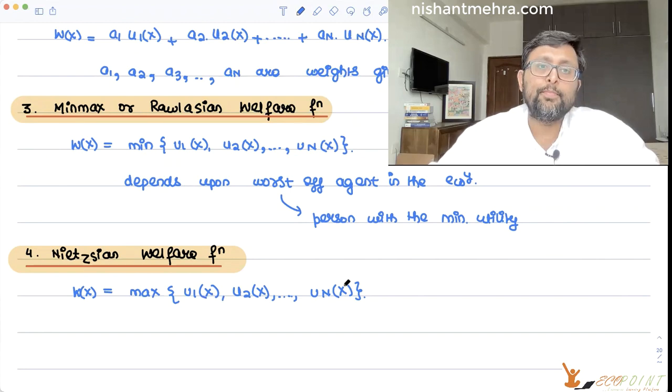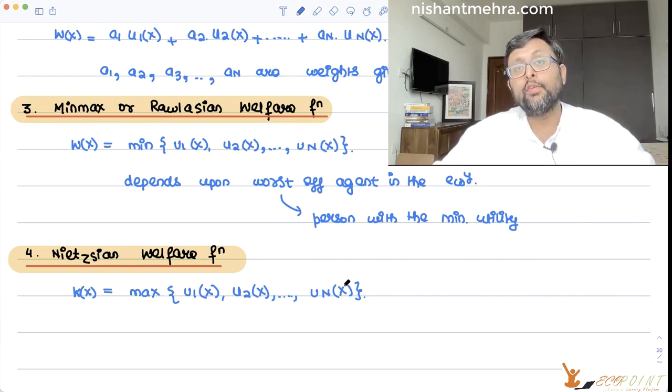Each of them represents different value judgments, different ethical judgments. So should you be giving more weight to one individual? Should you be giving the same weight to all individuals' utility? Should the decisive utility be that of the richest person, or that of the poorest individual?